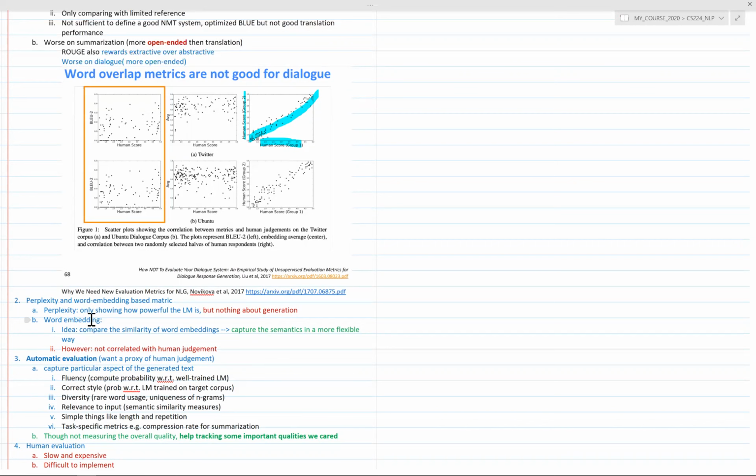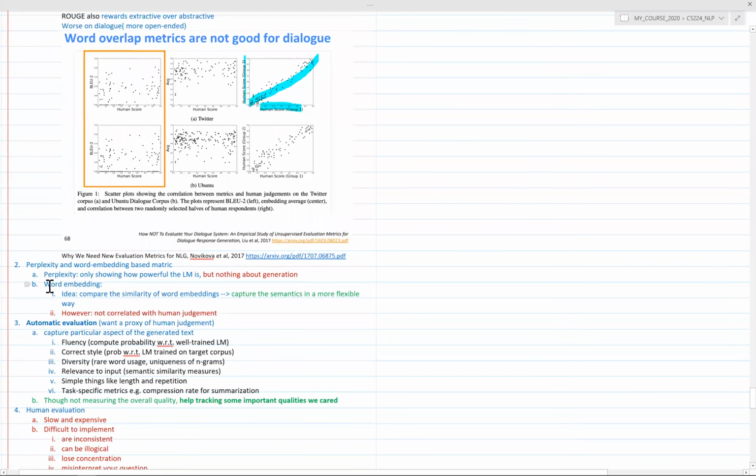There's another comment on word embeddings. People are thinking whether we can use similarity of word embeddings to capture the semantics in a more flexible way of determining the entire generated words. But in this case, it has nothing to do with human judgments.